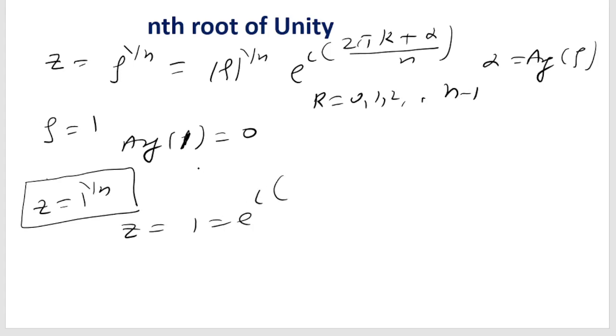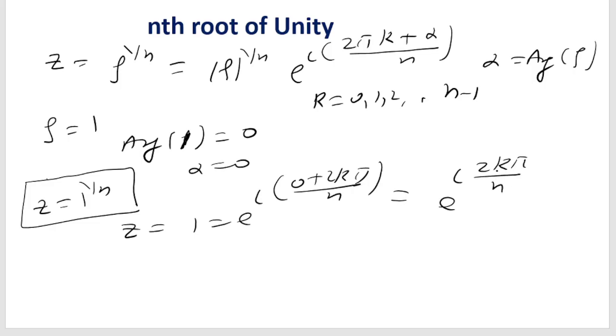So clearly here alpha is 0 because the argument of 1 is 0. So 0 plus 2 k pi by n, or I can say e to the power i 2 k pi by n. Now substituting different values of k, we will get the roots. Here clearly the k values are 0, 1, 2, up to n minus 1.